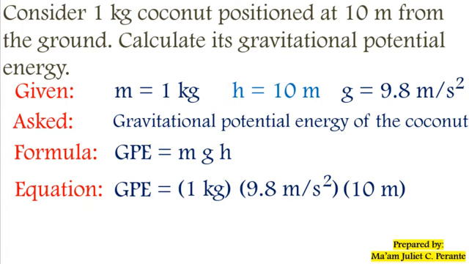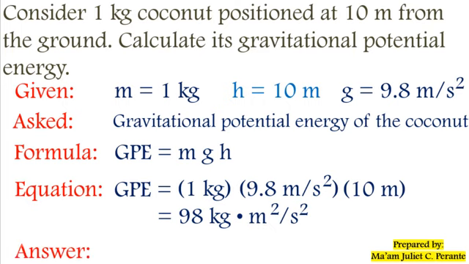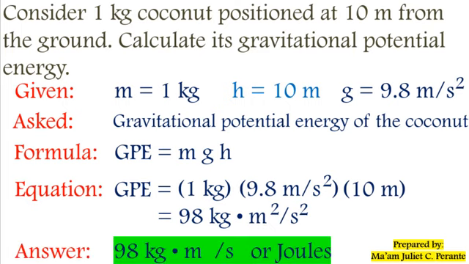In doing so, you will get 98 and the units will be kilogram meter squared per second squared. So just copy kilogram here, then meter squared, since we have 2 meters, it will become meter squared, and then bring down second squared. And the final answer will be 98 kilogram meter squared per second squared, or simply 98 joules.